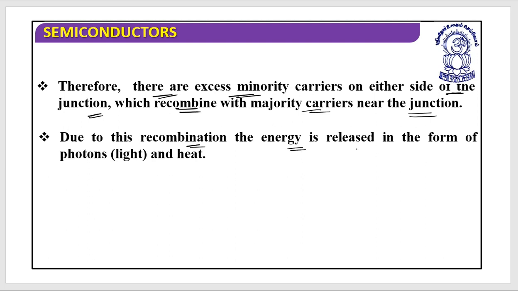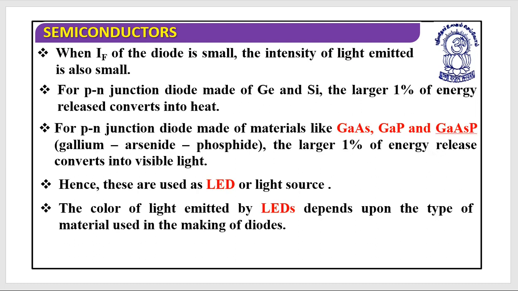Due to this recombination, energy is released in the form of photons and in the form of heat. When the forward current of the diode is very small, the intensity of light emitted is also small. For a PN junction diode made of germanium or silicon, the larger part of the energy released converts into heat.